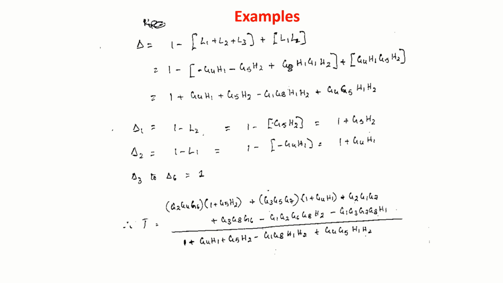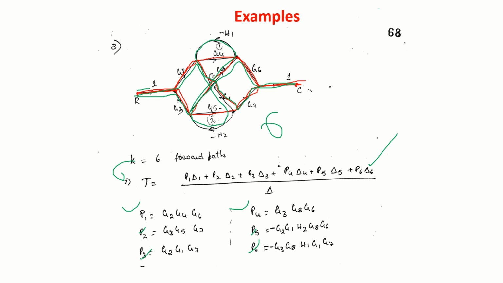So what we have to find is delta equals 1 minus the sum of loop gains of individual loops. This is one loop, L1. This is another loop, L2.